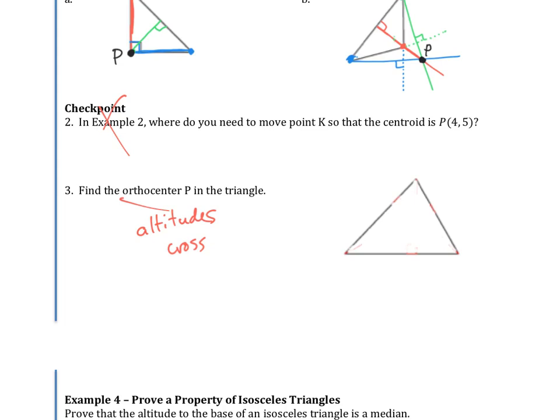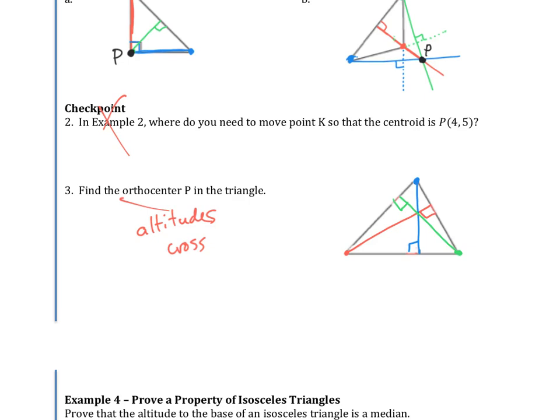So if I draw from the bottom left corner, it looks like it's going to be right about here. If I draw an altitude from the top, it looks like it's going to be right about there. And then the altitude from that bottom right corner will be right about there.